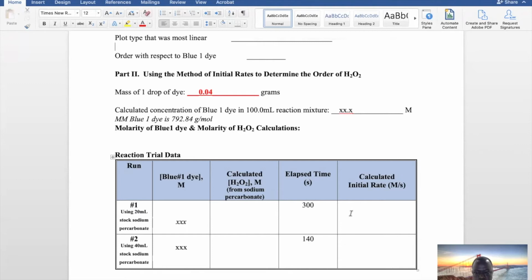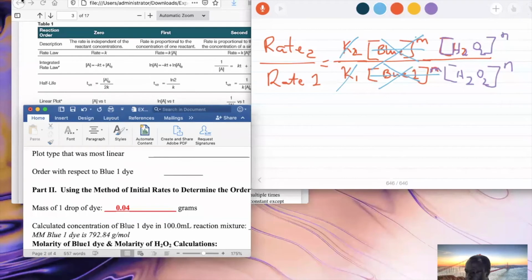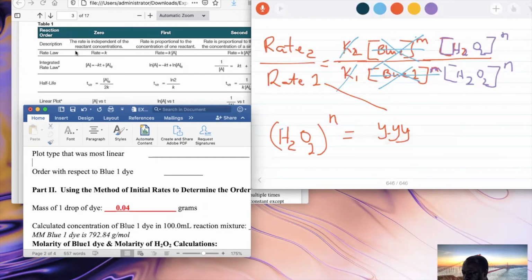So rate 2 over rate 1 will give you that value. Let's say when you divide the two numbers, peroxide raised to N equals y. I'm just giving you some value. When you divide the two, rate 2 over rate 1, I'm assuming that you will get y there.